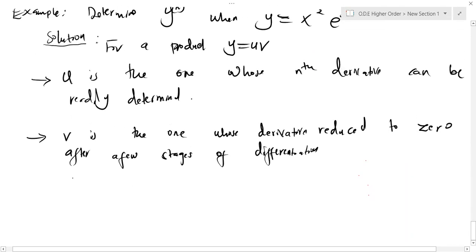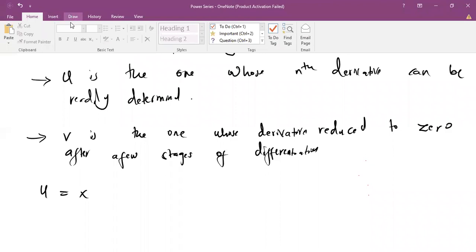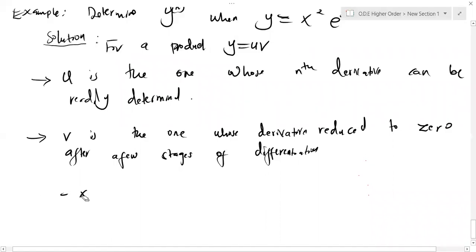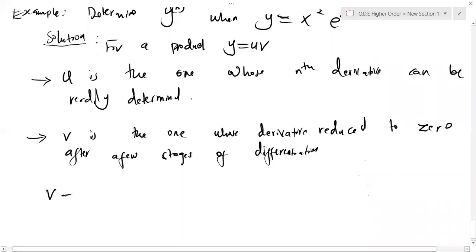We take our v to be equal to x squared, since it's the one whose derivative reduces to 0 after a few stages, and the third derivative of this will give us 0. And then our u will be equal to exponential 3x.